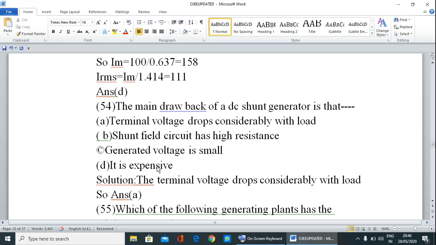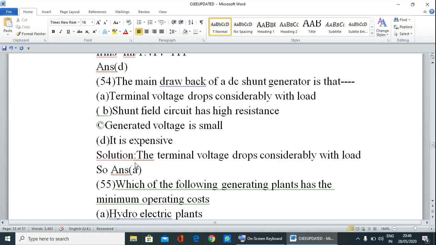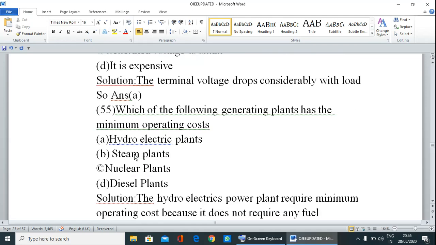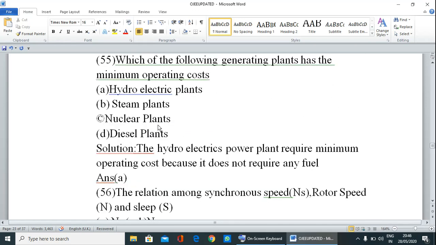Next question. Which of the following generating plants has the minimum operating cost? That is hydroelectric power plant.